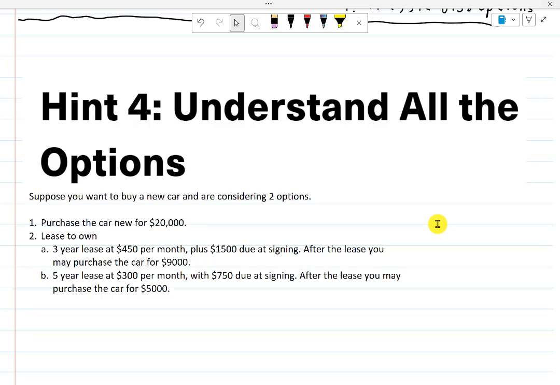Now, before we do anything, I've got some money that I want to compute here. So let's take a look at 2A. I want to calculate how much 2A is going to cost me in total. So what we're going to have is $450 per month, and it's for 3 years. So there's 36 months times $450. And let me grab my calculator.